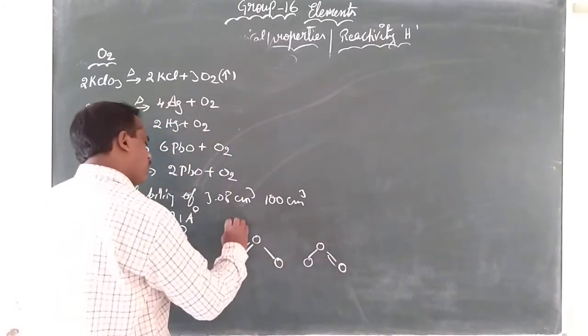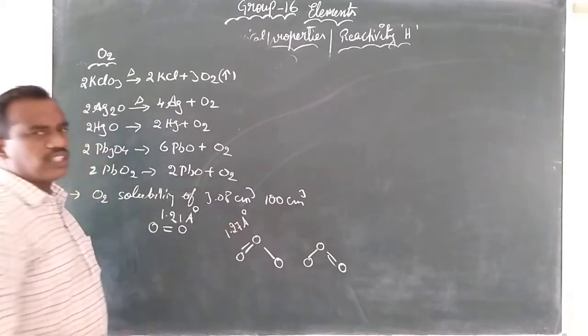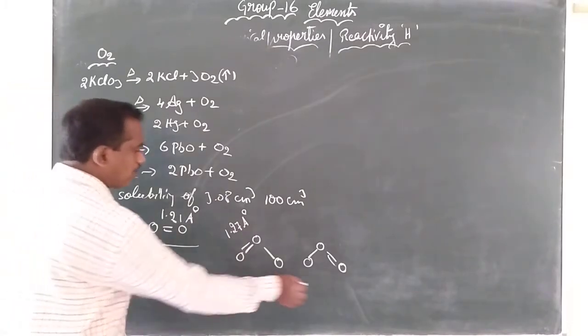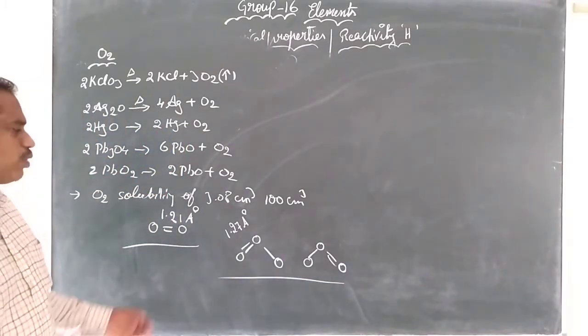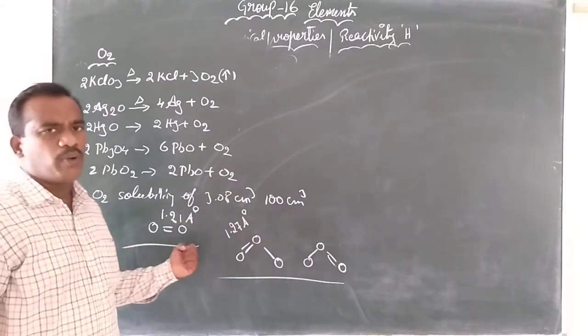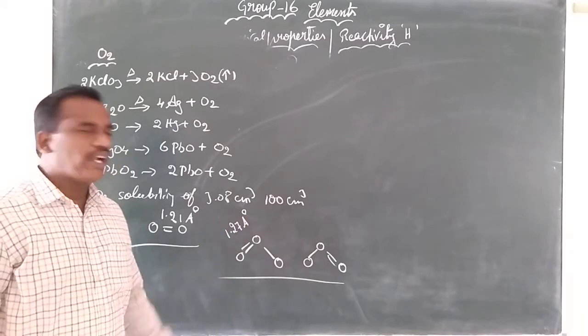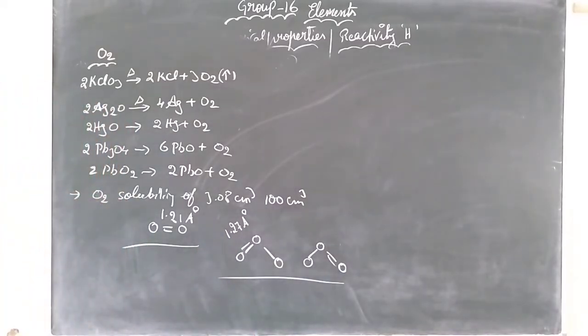In these 2 isomers, its bond length is around 1.27 angstroms. One objective question will be there. They will compare the oxygen and ozone for you. What are the bond lengths? In oxygen it is 1.21. Here double bond and single bond is also there, so it is around 1.27 angstroms.